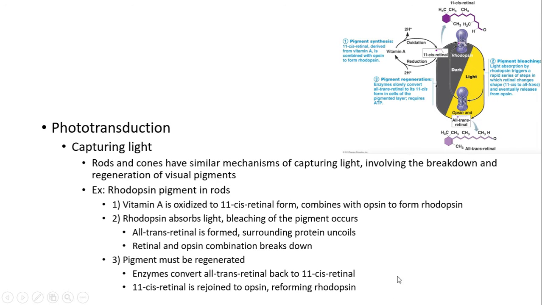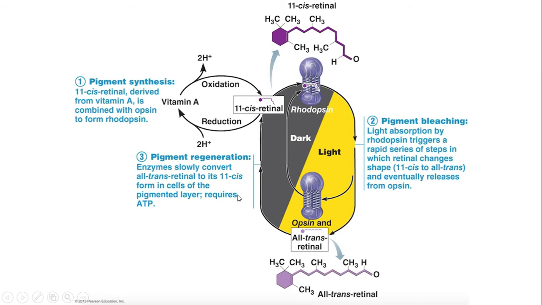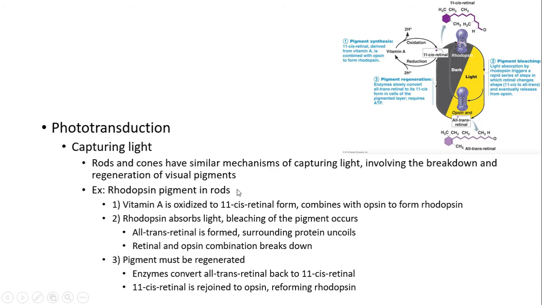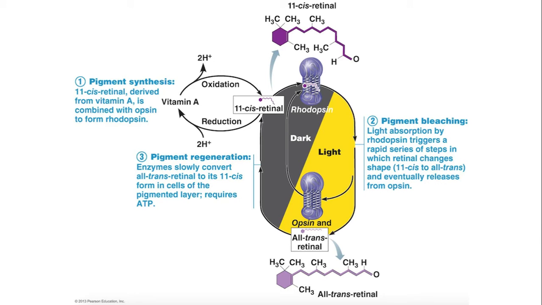Okay, everything on this slide is already covered on this slide. So I'm just going to go through this slide, and then we're going to breeze through this one right here. Basically, these are the steps that occur with our visual pigment. The visual pigment is rhodopsin in the dark, and there are 3 steps.